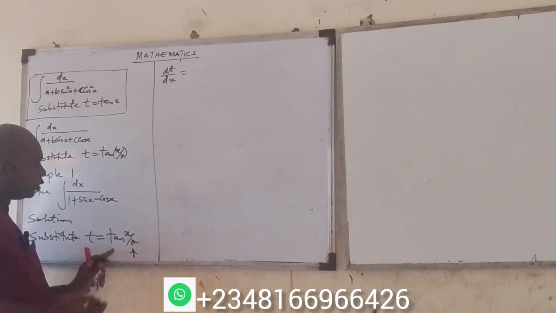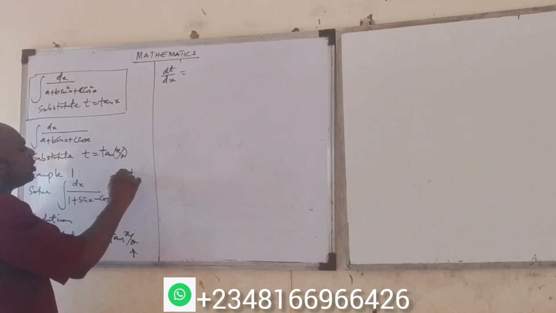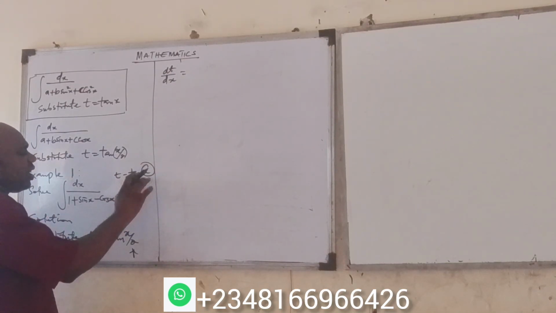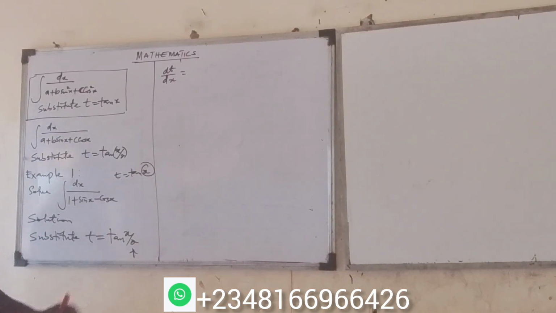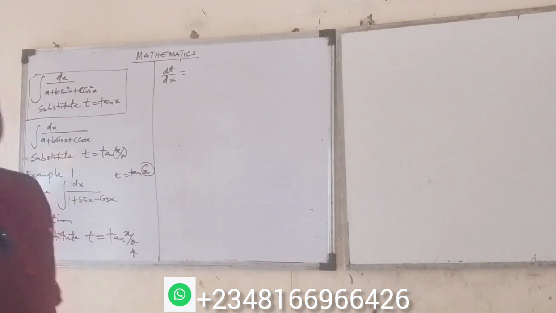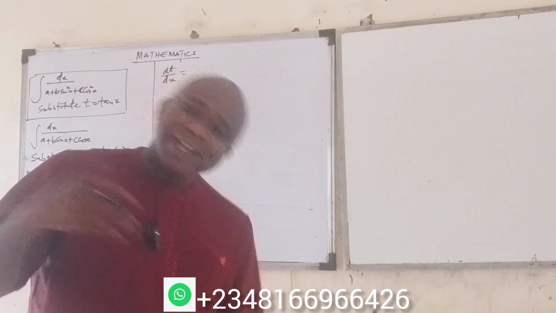The standard function is t equal to tan x. Because this x now has been replaced by x over 2, we have to treat this as a function of a function, just like having a bag inside another bag.